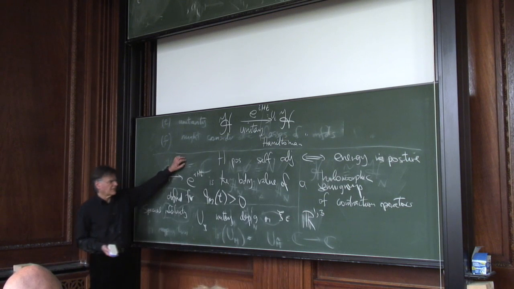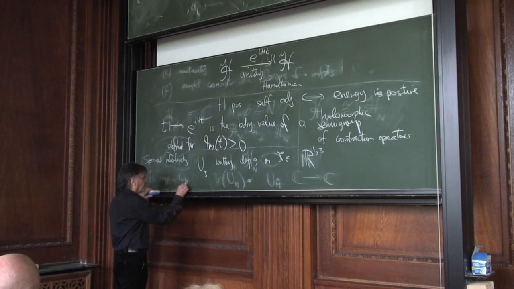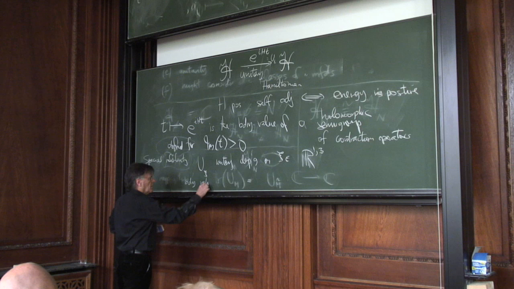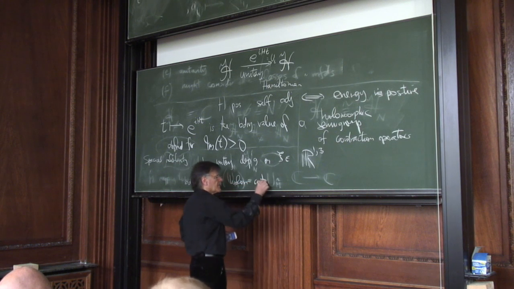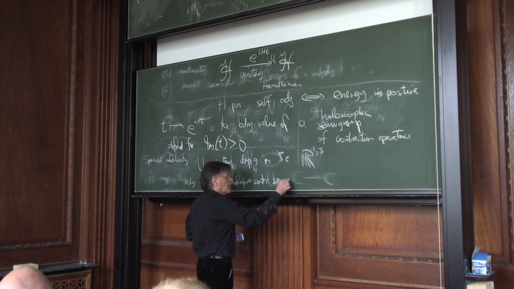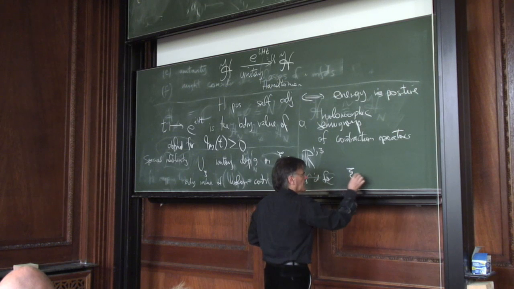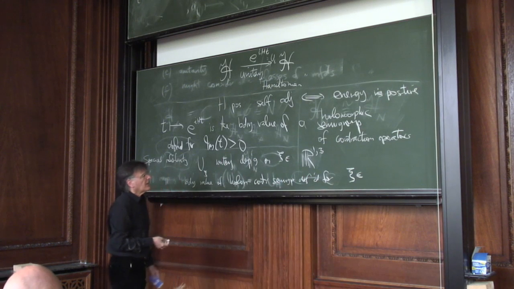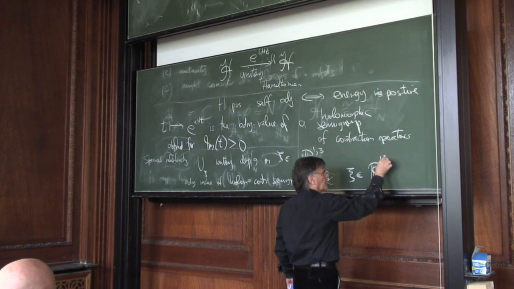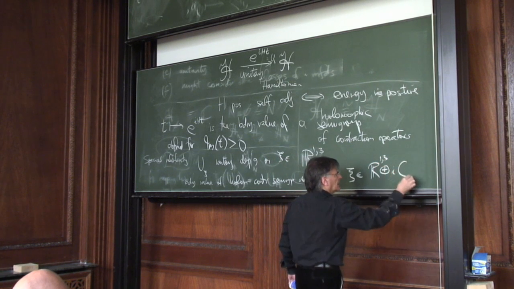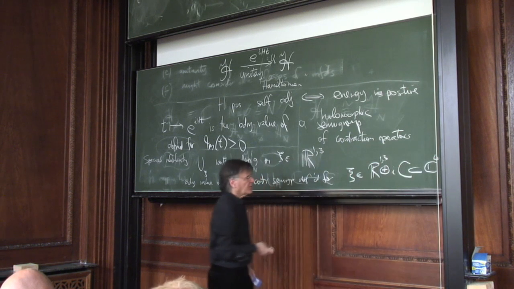And the relativistic generalization of this is to say that this is the boundary value of a holomorphic contraction semigroup defined for psi in a kind of generalization of the upper half plane, R^4 plus iC, that will be contained in C^4, where C is the positive light cone.